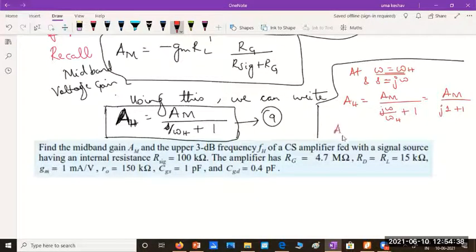So what will happen to the AH magnitude? If I want to find the magnitude of this gain, it will be the magnitude of the midband gain divided by the magnitude of 1 plus 1j. What would be the magnitude value? What is the magnitude of A plus jB? How do you find the magnitude of such functions?